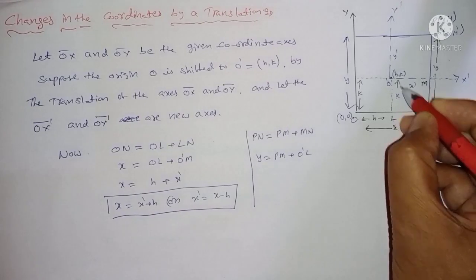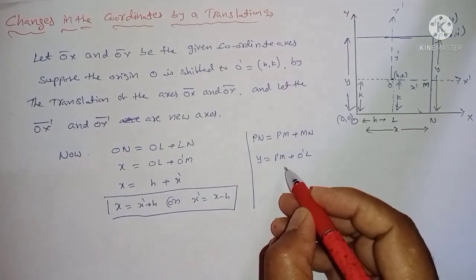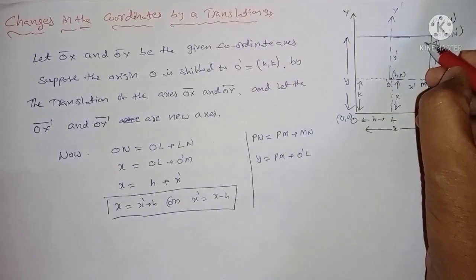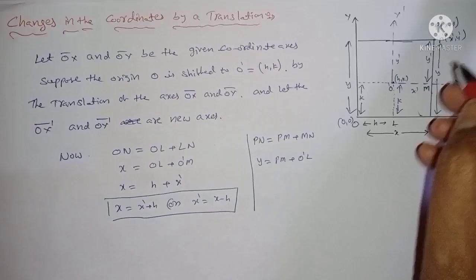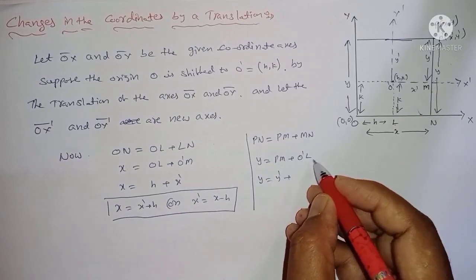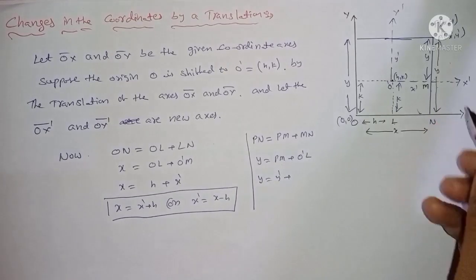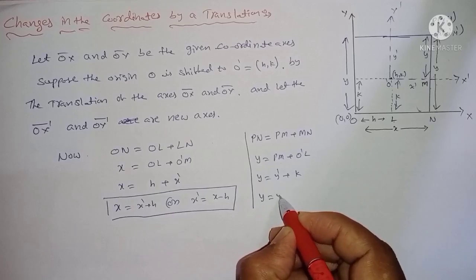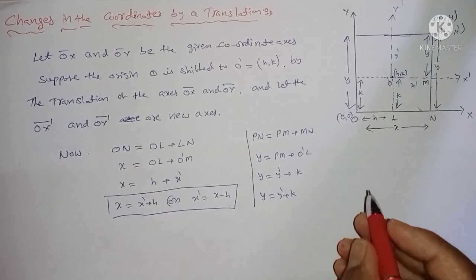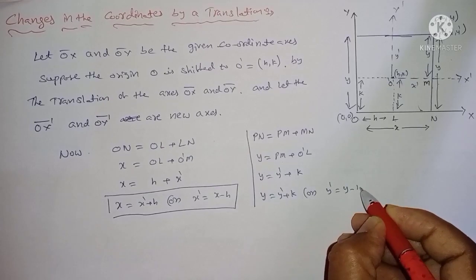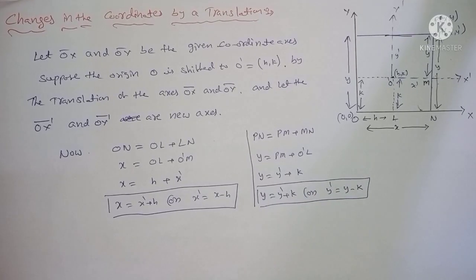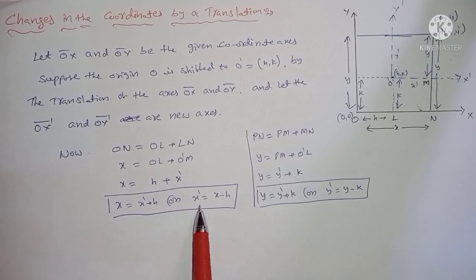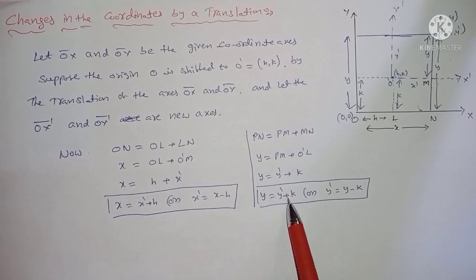Therefore y is equal to y dash plus k, or y dash is equal to y minus k. This is the transformation of the coordinates. First, x is equal to x dash plus h, or x dash is equal to x minus h. Second, y is equal to y dash plus k, or y dash is equal to y minus k.